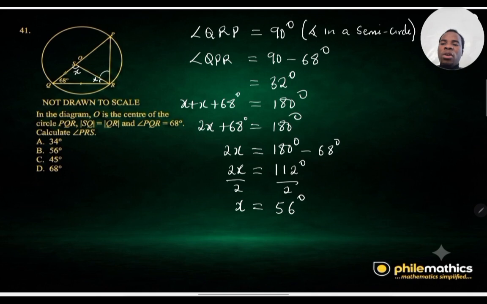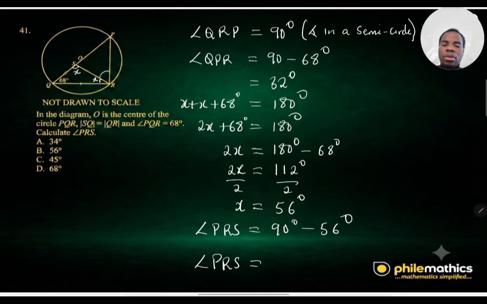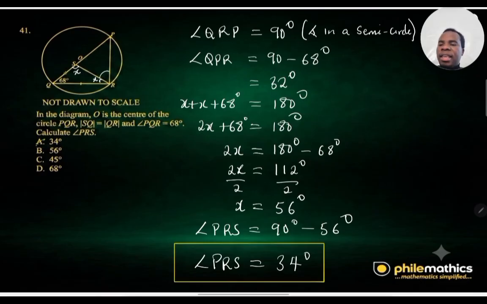So the angle we are now looking for, angle PRS, will be 90 degrees minus 56 degrees. Angle PRX will be 34 degrees. And that is A.